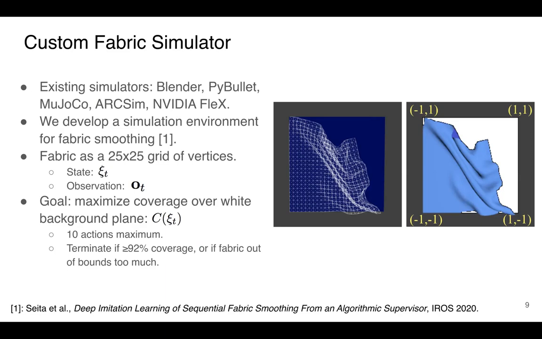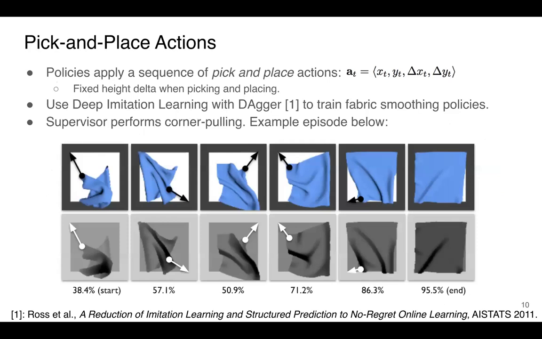So here the fabric is a 25 by 25 grid of vertices with the underlying state, and the image is generated from the top-down view, and the goal is to maximize coverage over this background. In order to do this, the robot has to take actions. We're going to parameterize actions as a sequence of pick and place actions.